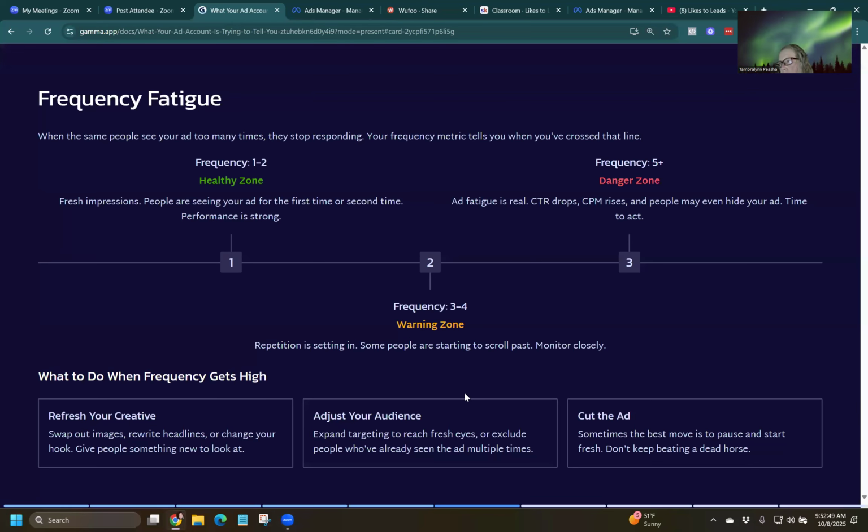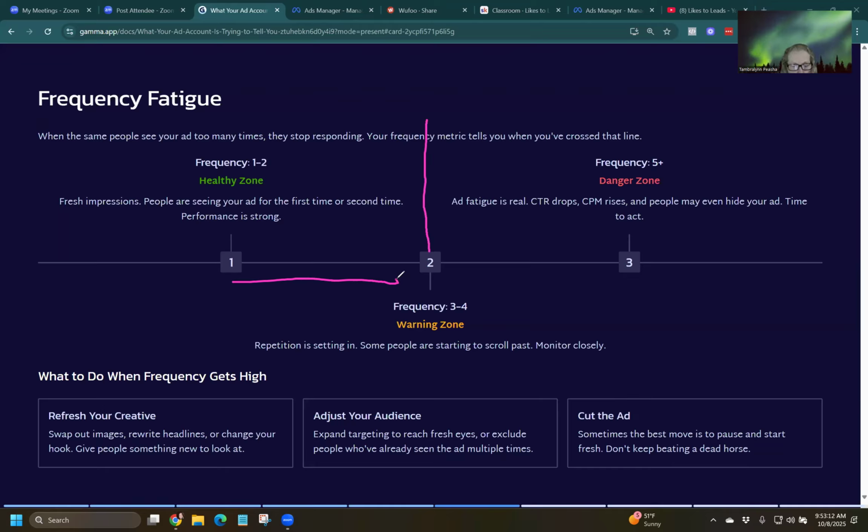Okay, so let's talk about frequency. Frequency is how many times this ad has been shown to people. This is a loaded question because I don't live and die by frequency either. I like to keep the frequency under 2, which means people have seen the ad twice.